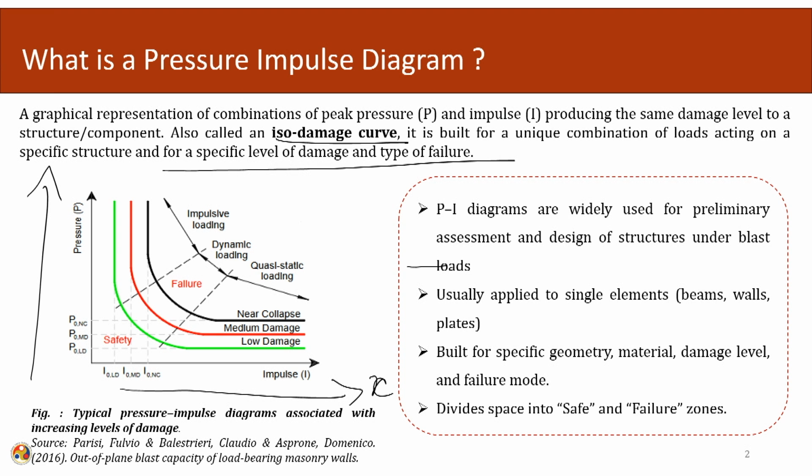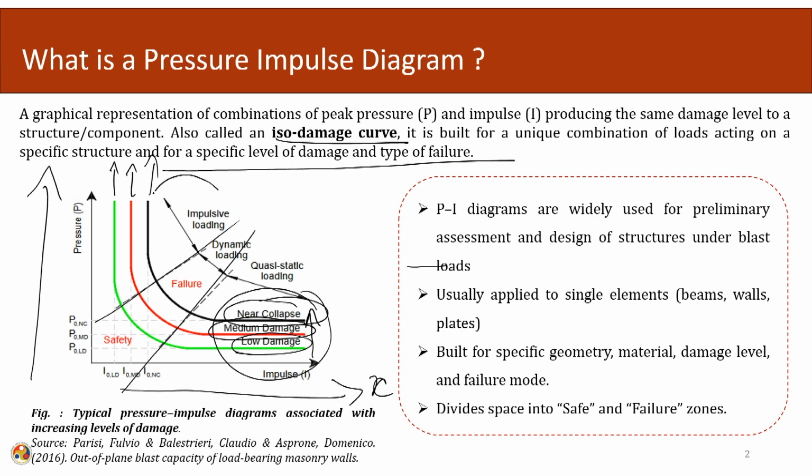Now we have broken this down into different zones, represented with different curves of varying damage intensity. If we move from here to here, the intensity of damage increases. The green curve is the low damage curve, the red one is the medium damage curve, and the black one is the collapse curve.